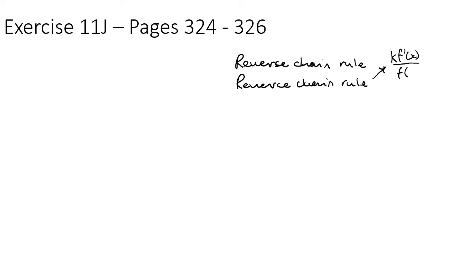reverse chain rule. We've got the reverse chain rule plus patterns. Reverse chain rule, we're using patterns. So that's going to be where if you see this, then you try this.